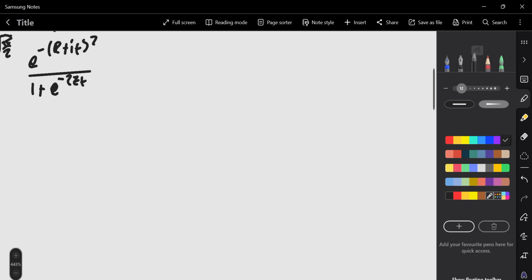What am I doing? e to the minus 2 is going to be r plus it times t, right?